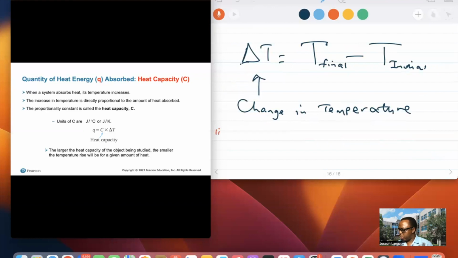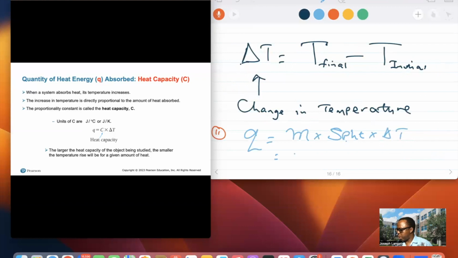Or rather, we can use Q equals M times specific heat times change in temperature.